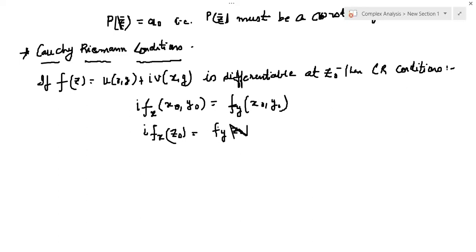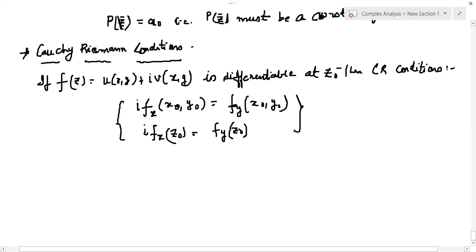I have done all these things, but just to remind you that this is another way of writing the Cauchy Riemann conditions, and it comes from the same path independence property.